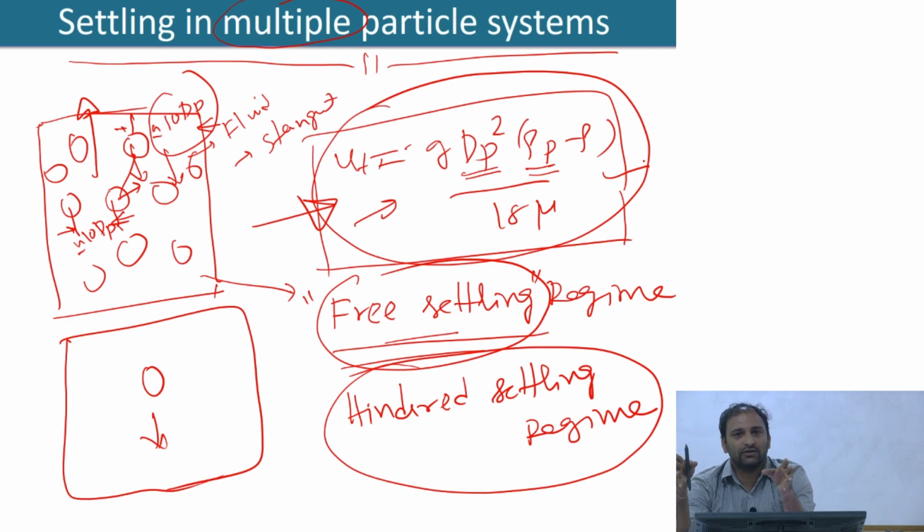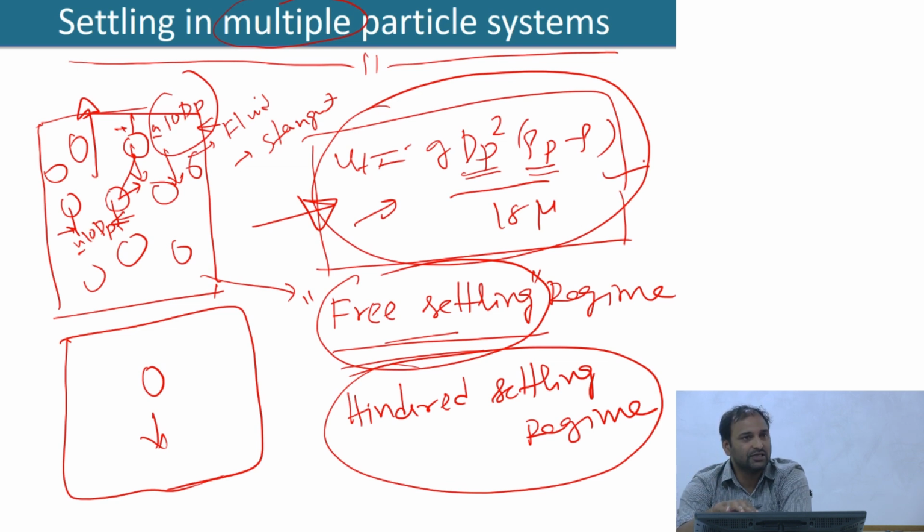In case 2 there is an electrical double layer interaction, a repulsion between the particles. The question is, is the settling in the two cases exactly identical? It turns out that I can club all of this into some effective parameters. I don't have to worry about the interparticle interactions, the charges and the van der Waals forces, everything.